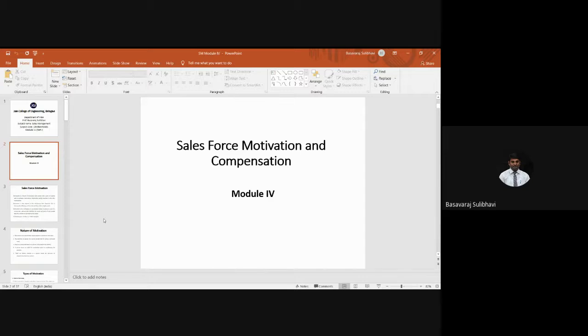The output or productivity of that activity purely depends on what he receives in return for the job he has rendered to the organization or to a higher authority. So when it comes to motivation, compensation plays a very vital role. The importance of compensation is very high in making people motivated on the job. That is why we are going to deal with both of them in this module.